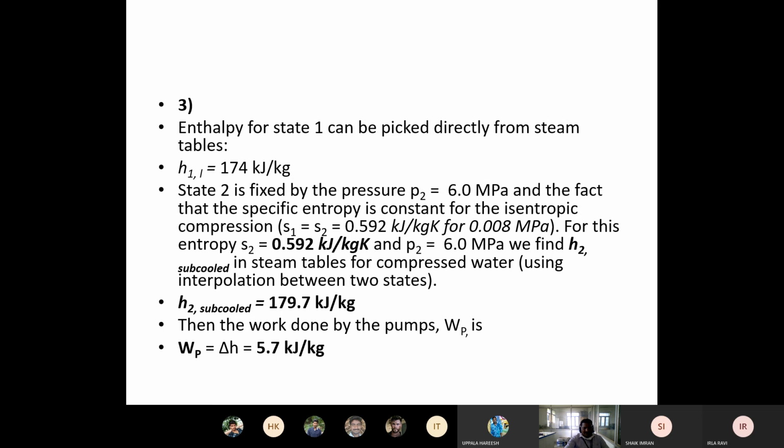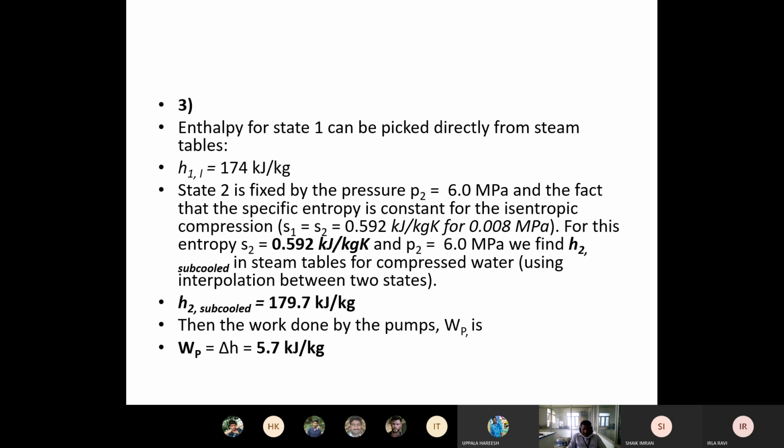Since state 2 is fixed by the pressure P2, 6 megapascal, and the fact that specific entropy is constant for the isentropic compression, S1 is equal to S2. That is an isentropic compression. The pump is isentropic. Turbine pressure is at 6 megapascal.